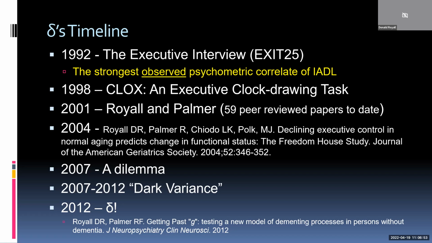Early on, I paid a lot of attention to what we now think of as executive functions, and early in my career, brought out a couple of the first bedside measures of executive function, really shooting to bring executive assessment into routine clinical practice.